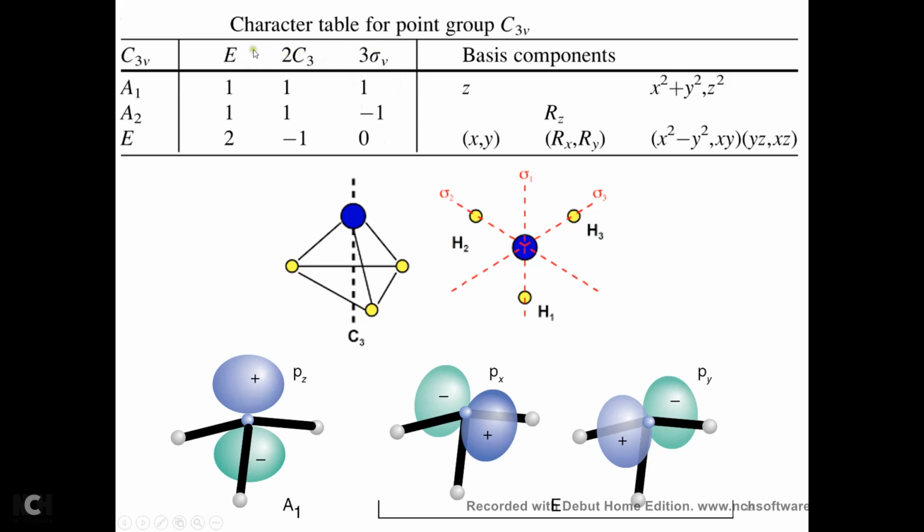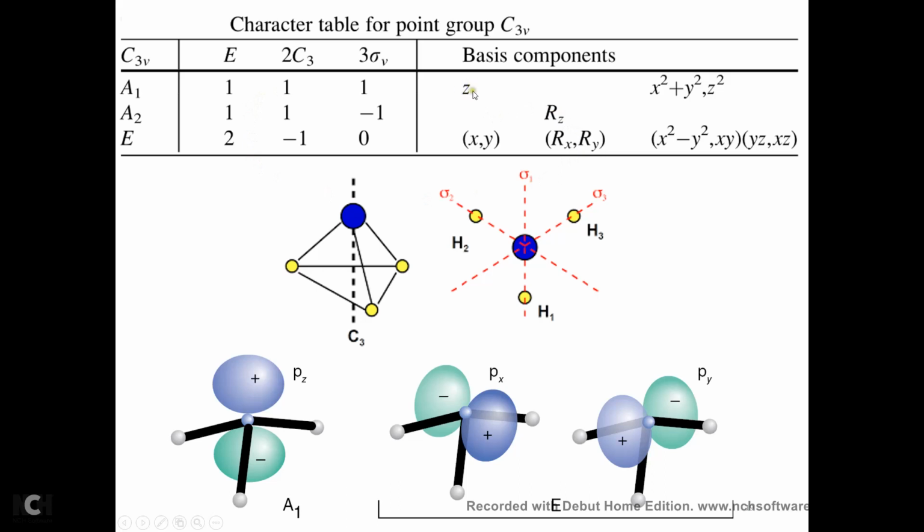And when you have 3 classes, you will have 3 symmetry species. This is a 3 by 3 matrix. Well, the point group can be better understood after you take linear algebra, but I'm trying to give you the basics right here. 3 rows, 3 columns, and then same thing here.